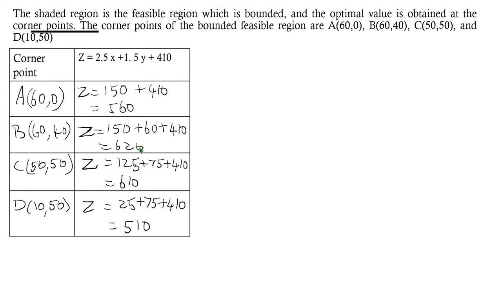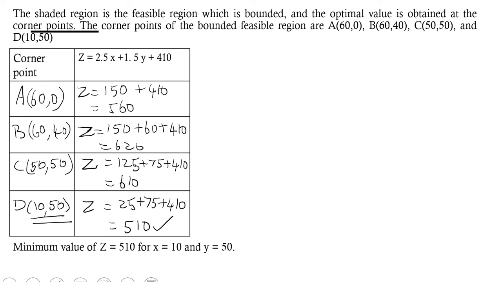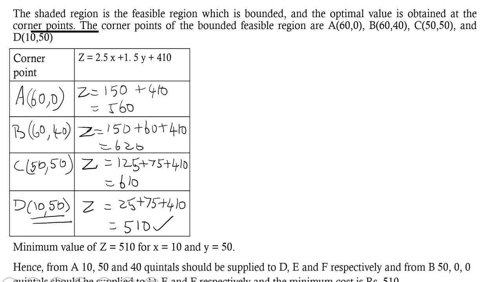Among these, the least value is 510 and it occurs for x is equal to 10 and y is equal to 50. So the minimum value of z is equal to 510 for x is equal to 10, y is equal to 50.